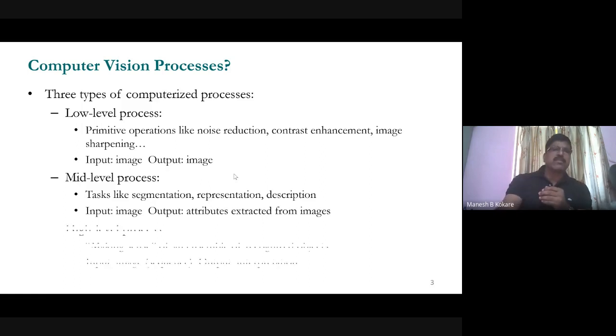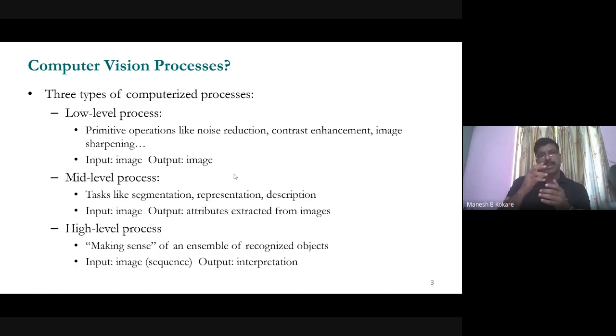Whereas in high-level computer vision, you are making sense of the input. You have a sequence of images as input and you process it. Earlier you might have done low level processing, then mid level processing.